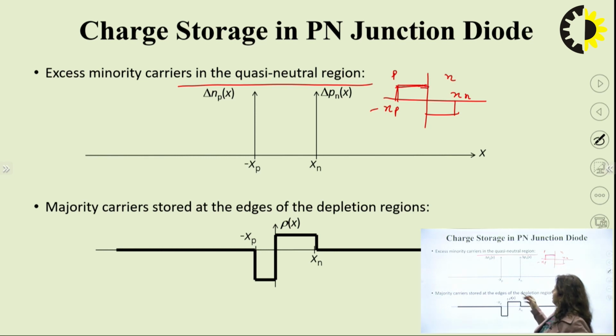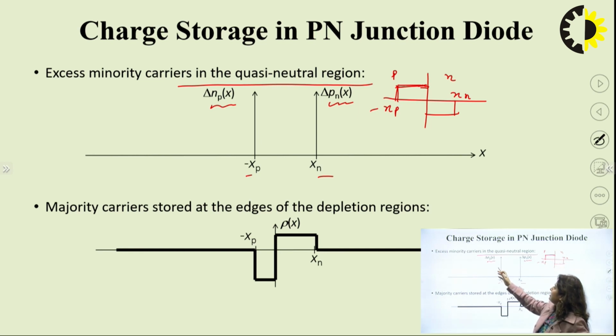You can see from the diagram, from minus XP to XN, at minus XP we have the excess carrier concentration represented by delta Np(x), and for the N region we have the excess minority carrier concentration, because in the P region electrons are in the minority, and in the N region holes are in the minority.